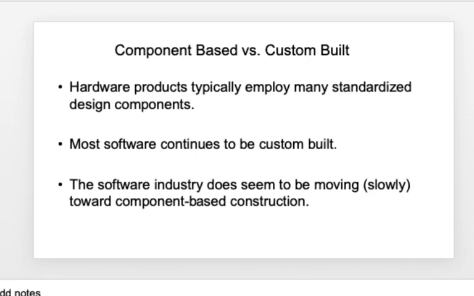The software industry also seems to be slowly moving to what is called component-based construction, where I probably buy certain software components off the shelf, assemble them together, tweak a bit, and then deliver it to the customer. This definitely helps to save time compared to writing software from scratch.